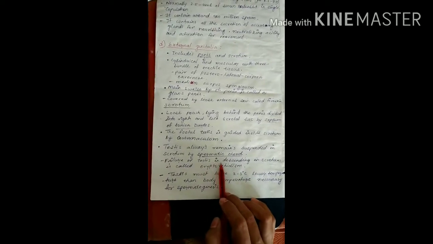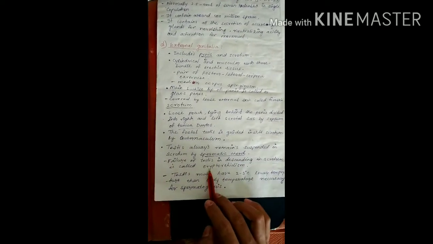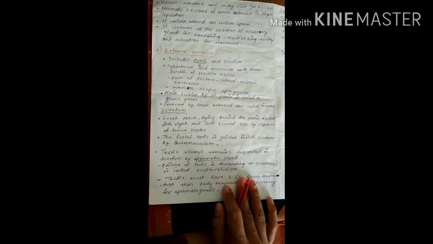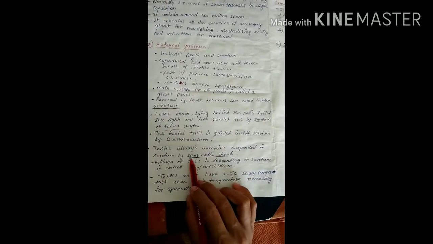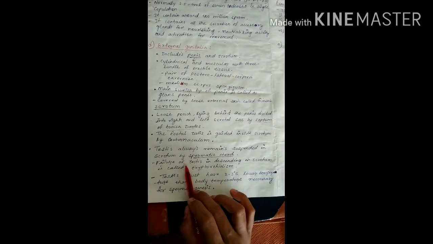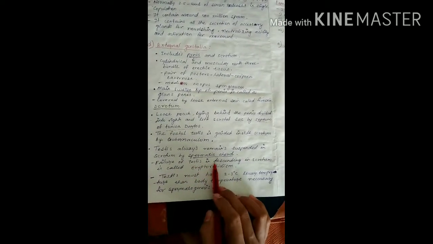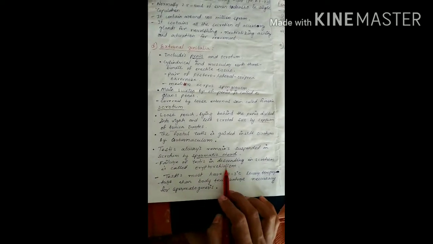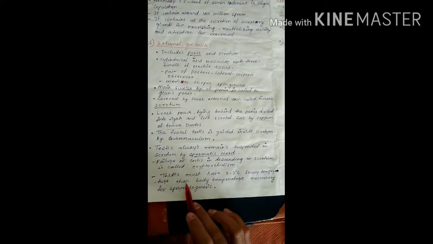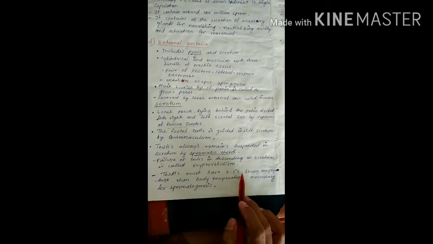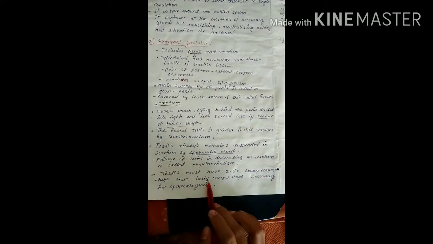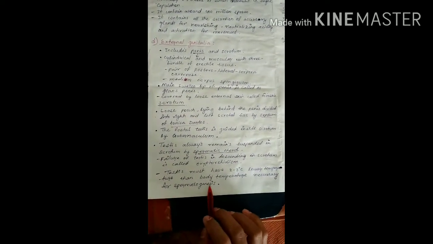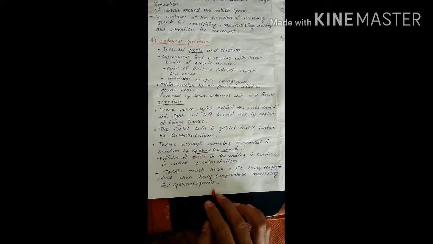Failure of the testis in descending into the scrotum is called cryptorchidism. The testis must be 2 to 3 degrees Celsius lower than body temperature, which is necessary for spermatogenesis, that means formation of sperm.